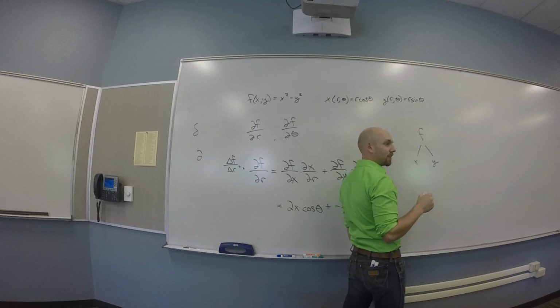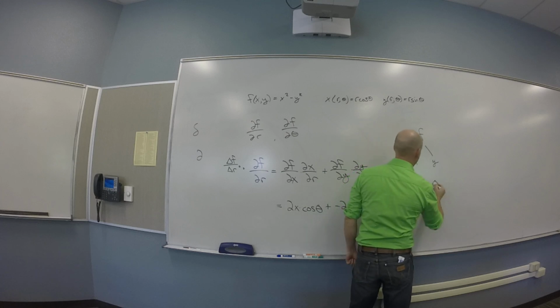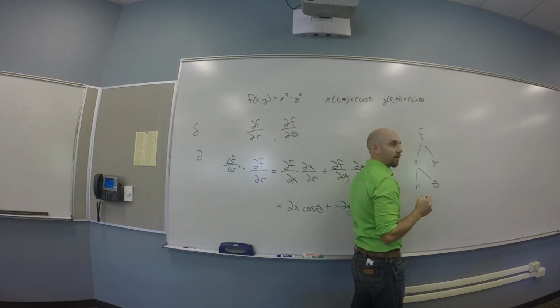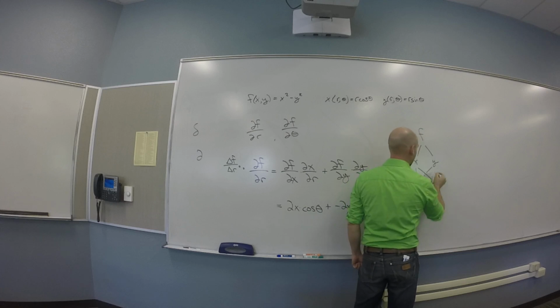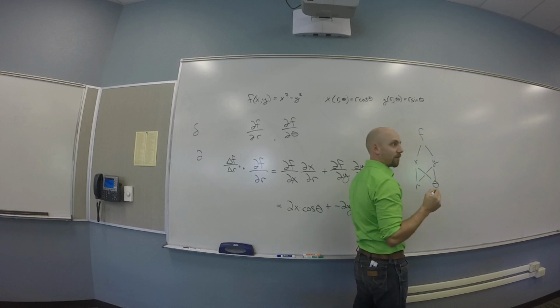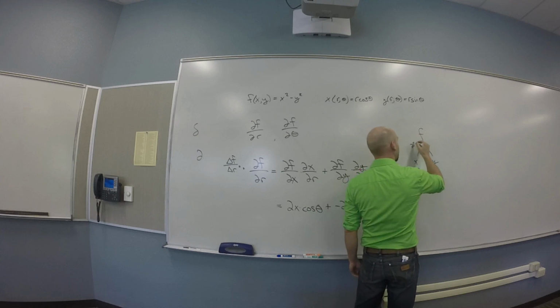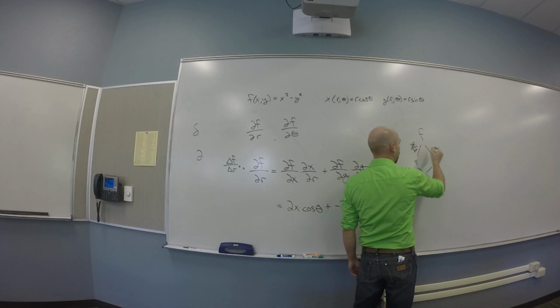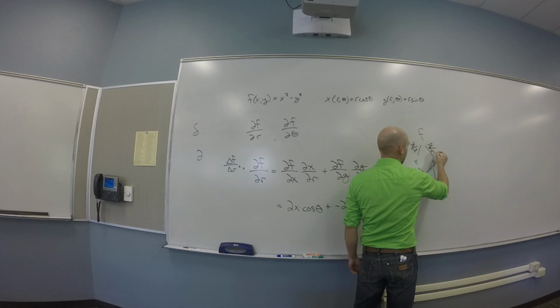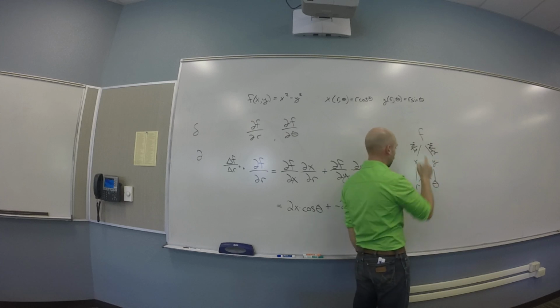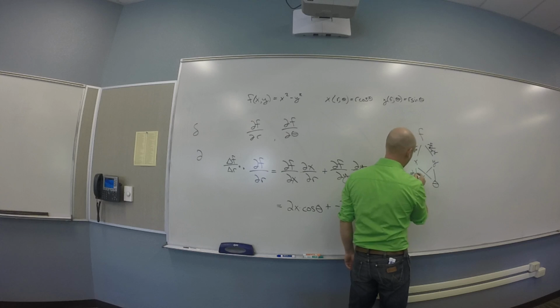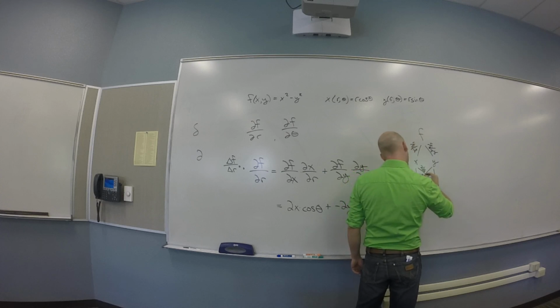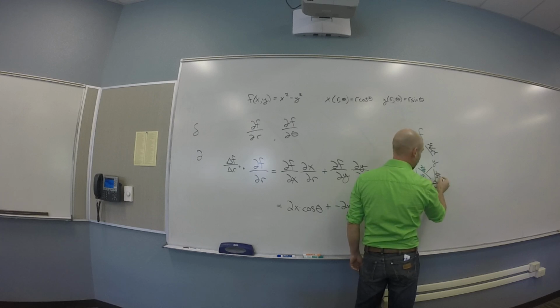And X depends on R and theta, and so does Y. If you label your arrows with the appropriate partials, this is the partial of X with respect to R, and partial of X with respect to theta. That one's the partial of Y with respect to R, and that one's the partial of Y with respect to theta.